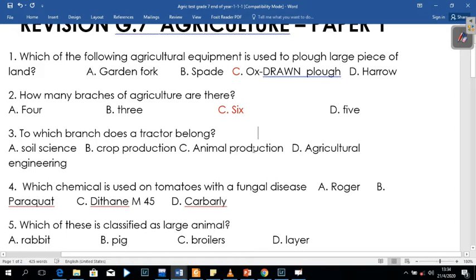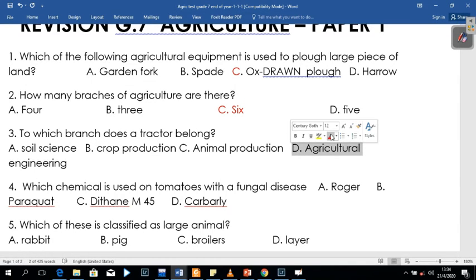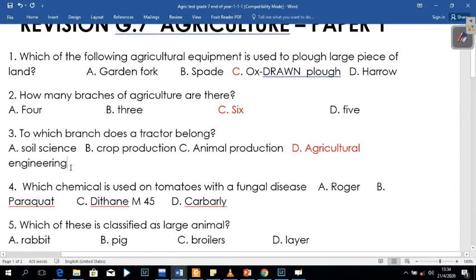Animal production, the production of animals. Agricultural engineering, this is the correct one that we are looking for. Agricultural engineering, right? Okay, let me just highlight that one. Okay, then we go on to number 4.